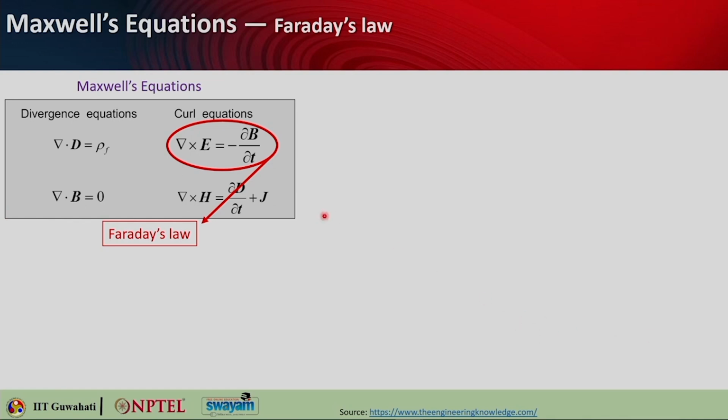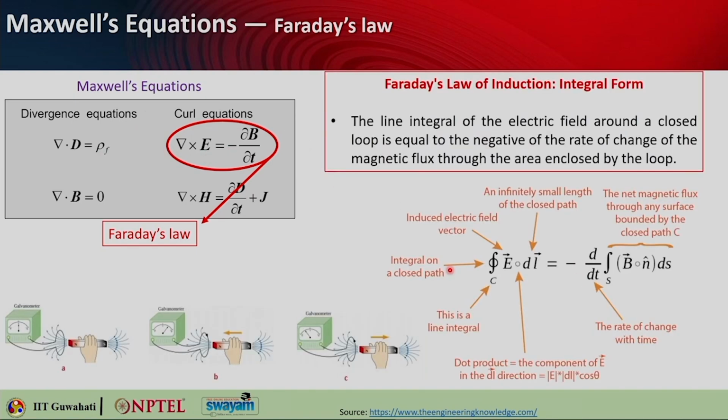So these are known as Faraday's law of electromagnetism. If you think of this particular equation, known as Faraday's law, there we are able to connect E and B. So what happens in this equation? Let's look into the integral form first.